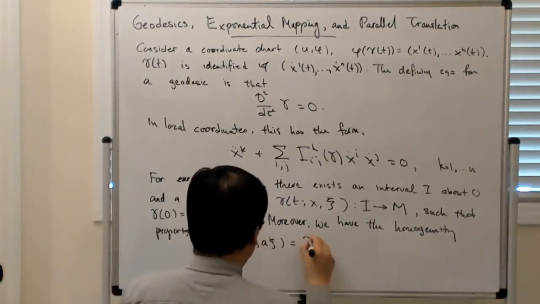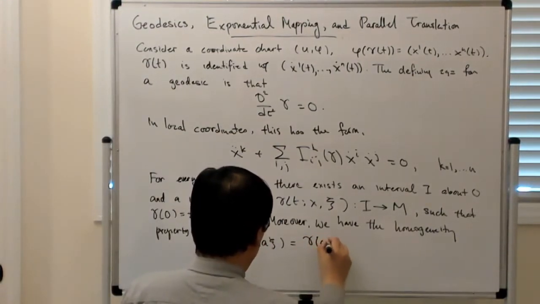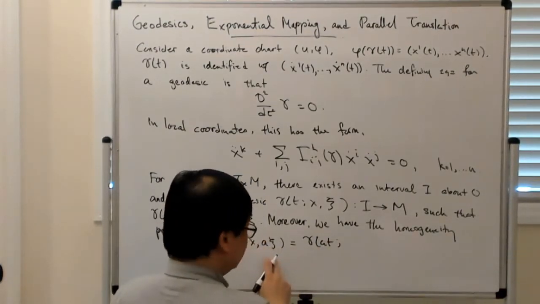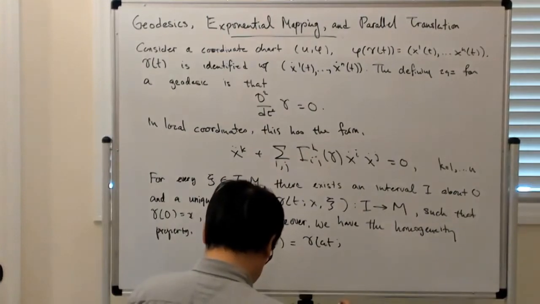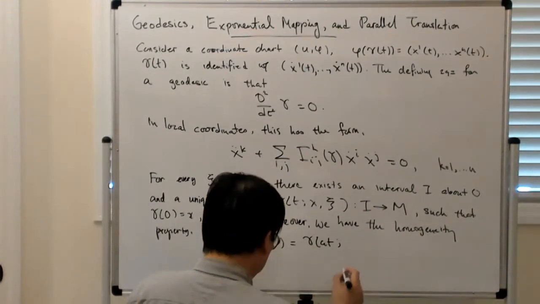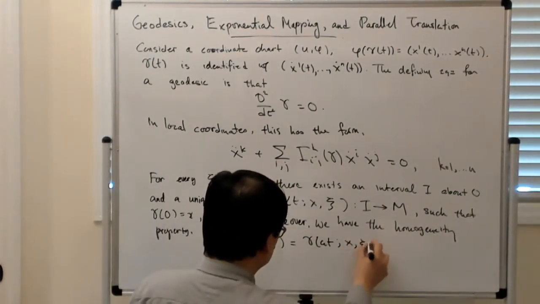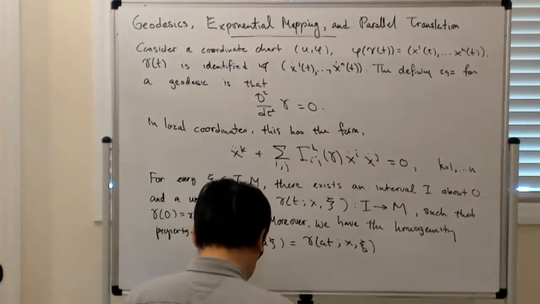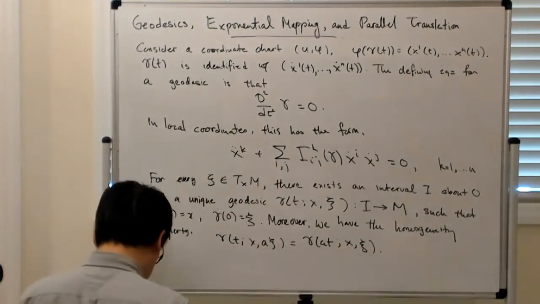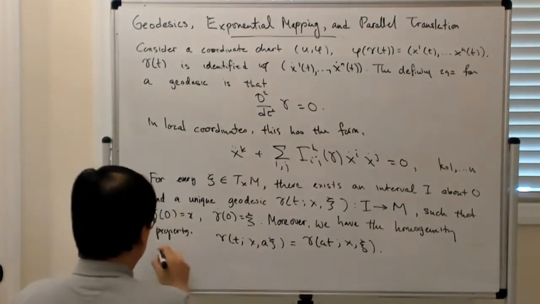So this is gamma of a times t. This is like being first order homogeneous in that variable.